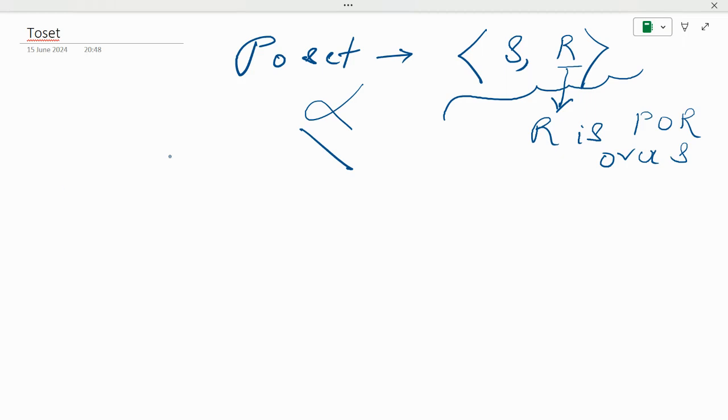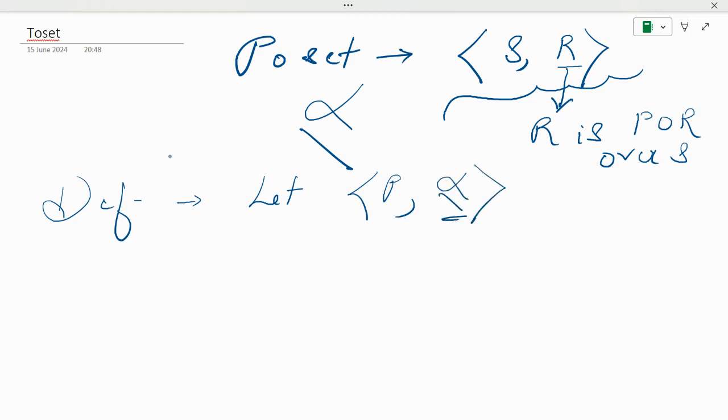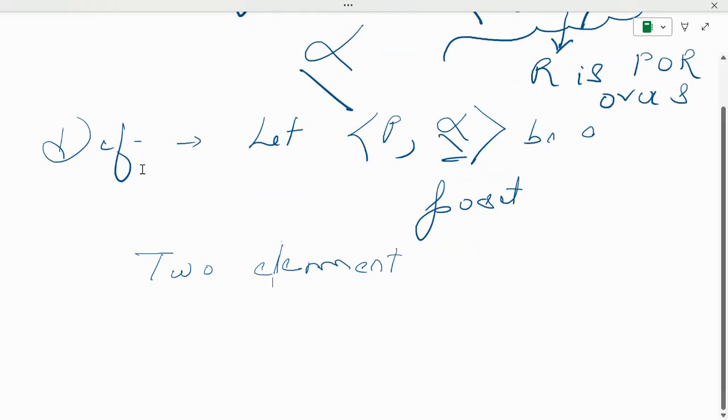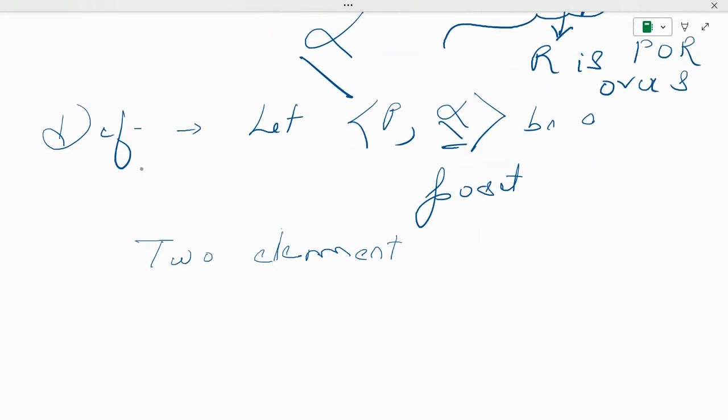So let's first define this: let P be a set and there is an operation, this one, such that it is a poset. First of all, we define that P is a set and this is an operation for a poset.